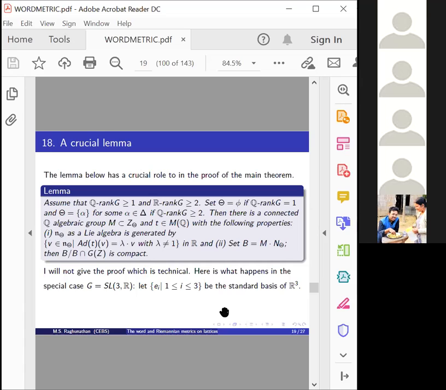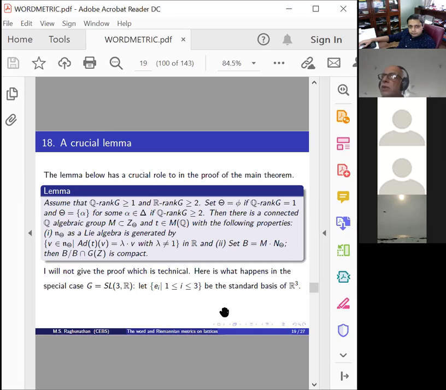Then you can find a torus inside, and a non-compact torus inside that, which will normalize this, and then you can pick an element there which will have the property we want. That's how, in the case when Q rank is greater than or equal to 2, this is handled. In either case, you can find this element T inside Z theta.